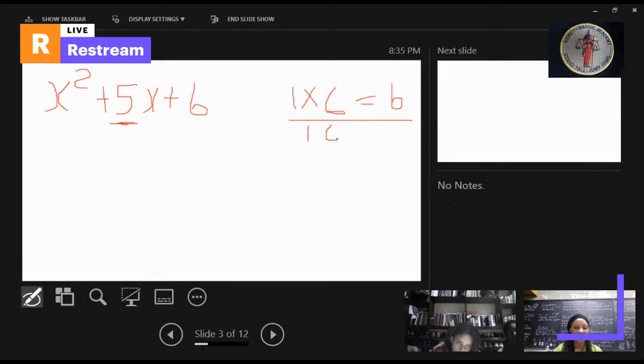We know it's 1 and 6, 2 and 3, but also -1 and -6 multiply to give a +6, and -2 and -3 also multiply to give a +6. So which pair of these add to give a +5? 2 and 3, correct.